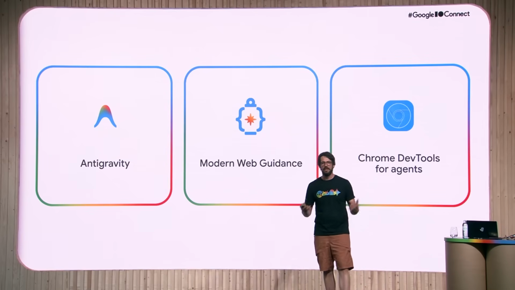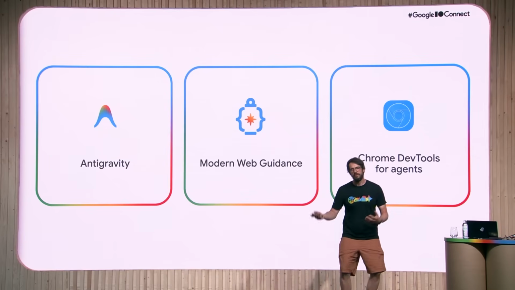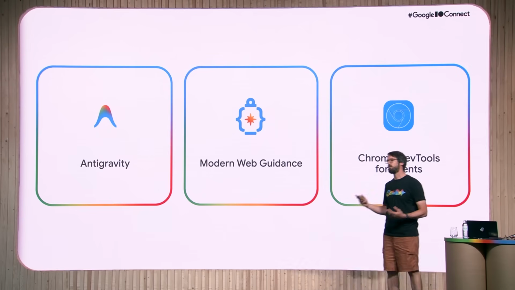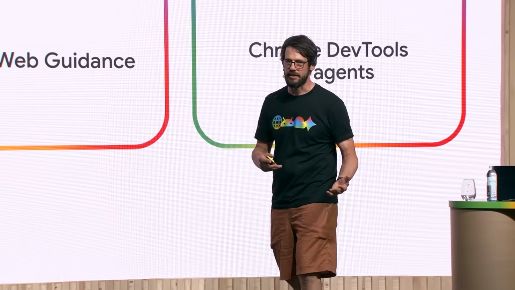But you not only need a coding agent. Your coding agent or the models sometimes lag behind in knowledge, so they're not necessarily aware of the latest APIs and the latest best practices.